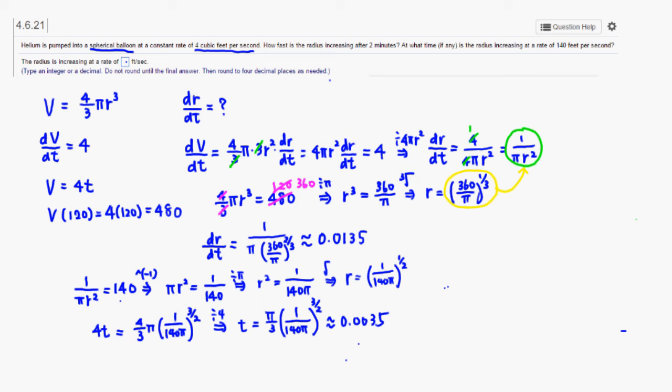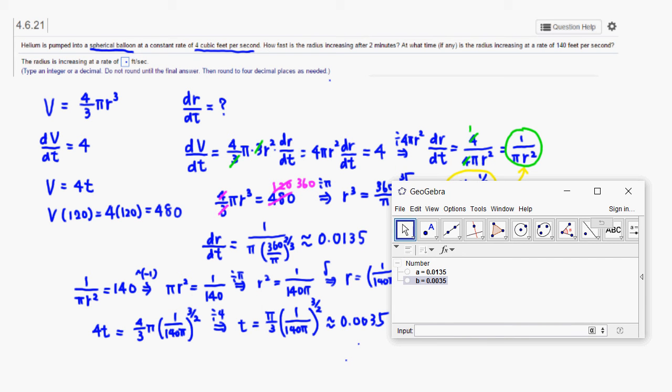I'll do the computation again. I think I might have messed up the computation. Sorry about that. So it's pi over 3, I think this is right, times 1 over 140 pi.